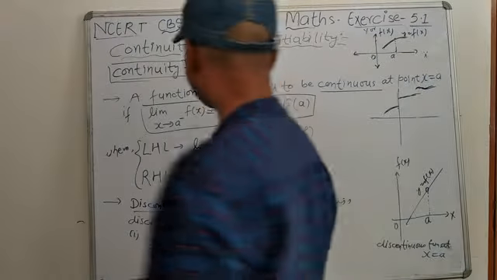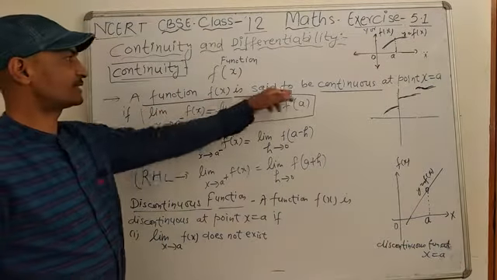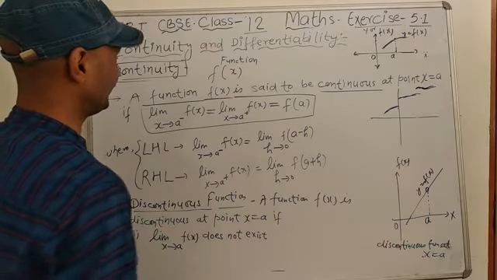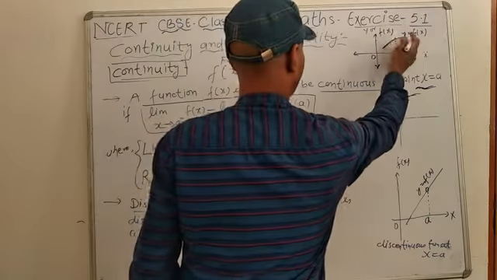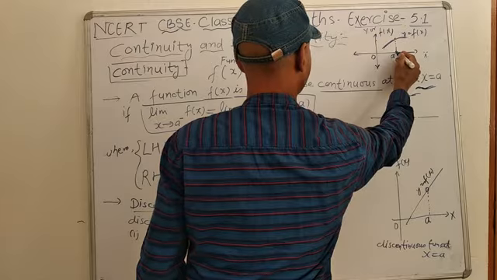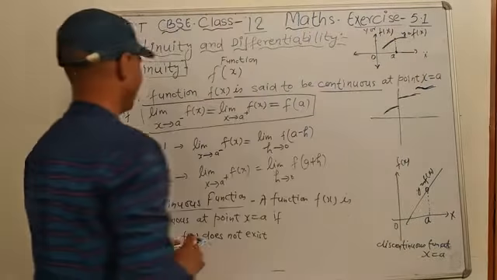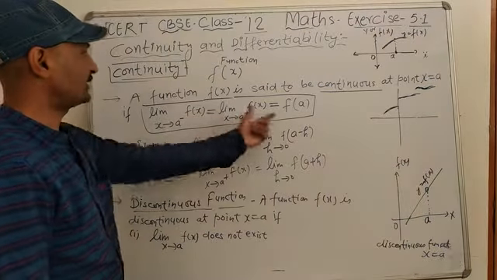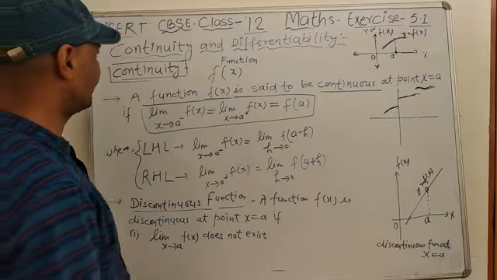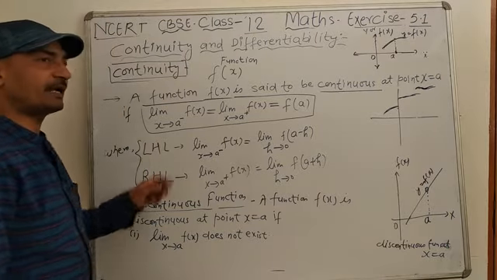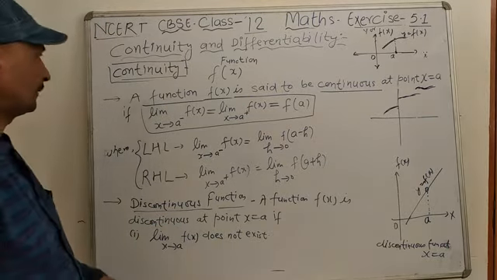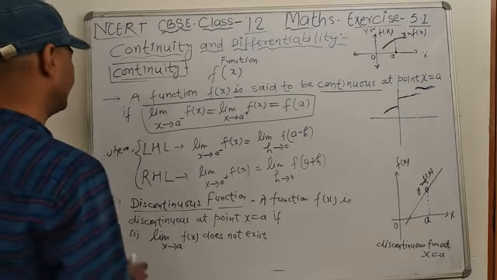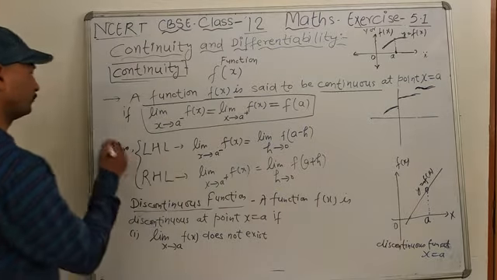Now see, our function f(x) is said to be continuous at the point x = a. Three things are needed. If any function is given, first we take the left hand limit. You have studied limits in class 11.